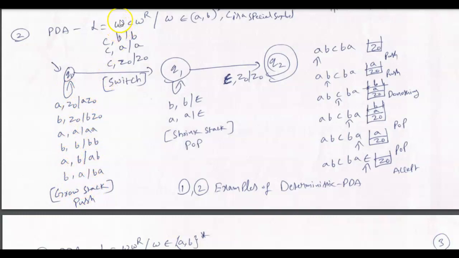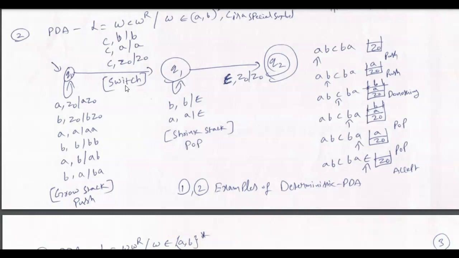For this entire W, whenever we have C, we are going to change the state. Generally, we change the state whenever we are changing the operation. That means we change the operation from push to pop, which is why we change the state.